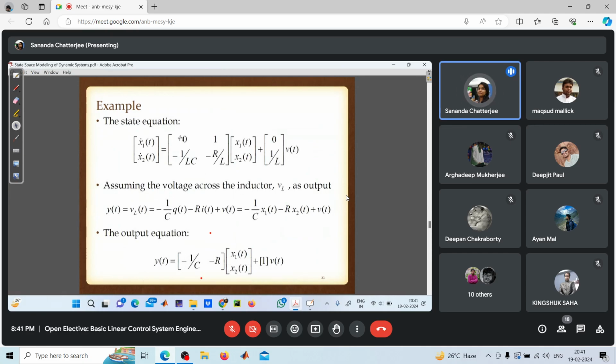So we have an A matrix which is 2 cross 2, a B matrix that is 2 cross 1, and this output matrix C matrix which is 1 cross 2. And here you see there is a D matrix involved which is V.